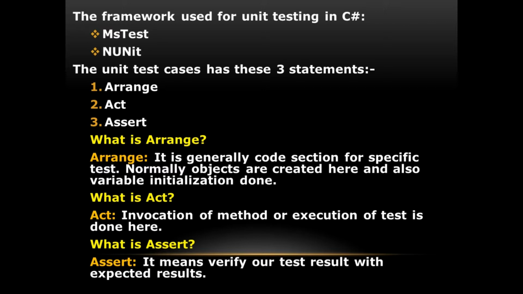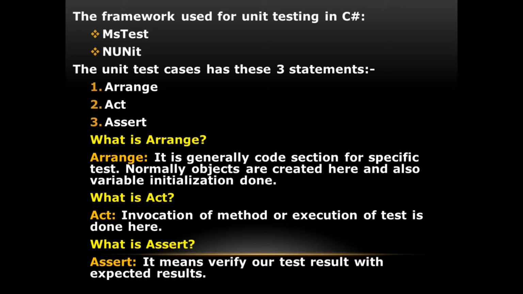What is arrange? It is generally the code section for a specific test. Normally objects are created here and also variable initialization code. So in arrange, you will be writing the component initialization or instantiation or variable declaration.